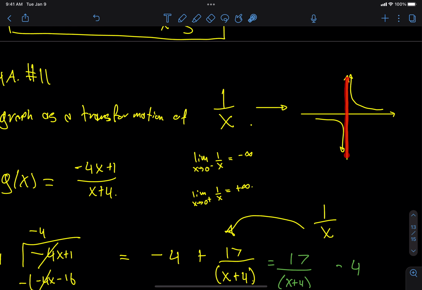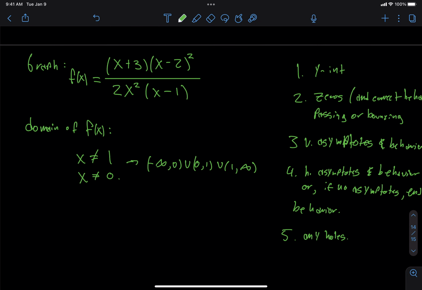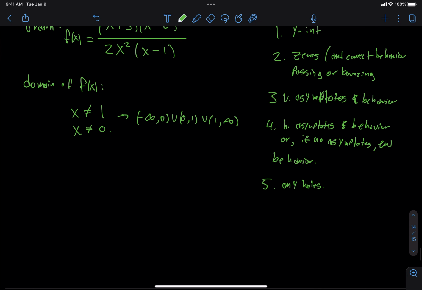When the denominator gets close to 0, we see these asymptote type things happening, right? So we're going to see something similar going on for our function. So in fact, we can say that we are going to have a vertical asymptote. The first one is going to be when x is equal to 1.